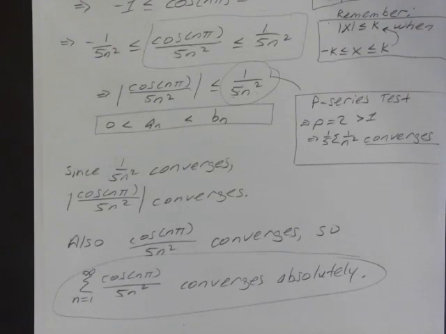And for me, I just use word association to remember that if it converges with the absolute value, it converges absolutely, with or without the absolute value. But if it only converges without the absolute value, then it does not converge absolutely.